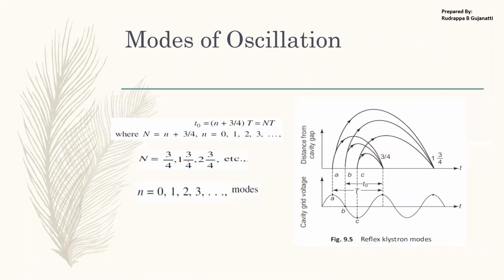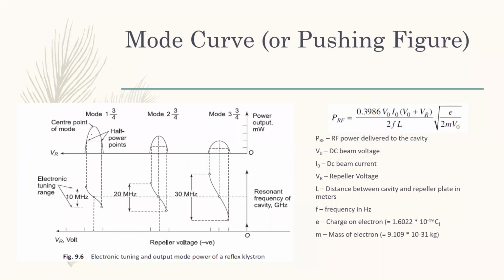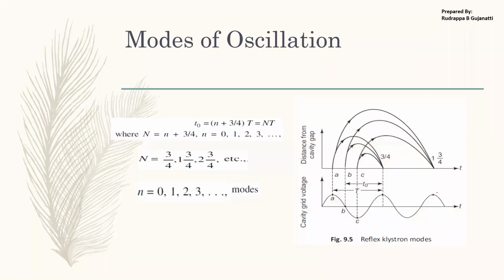Now, if I assume that bunching is happening during the first positive peak, that is, at this point, we'll not compare it with the other modes. Presently, we'll just check this mode.